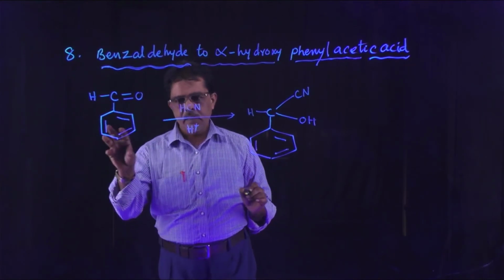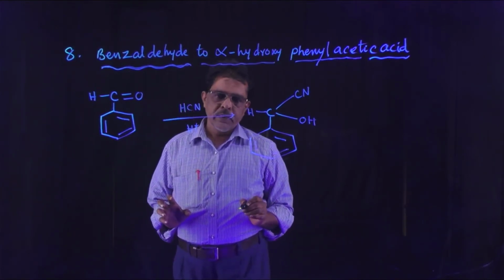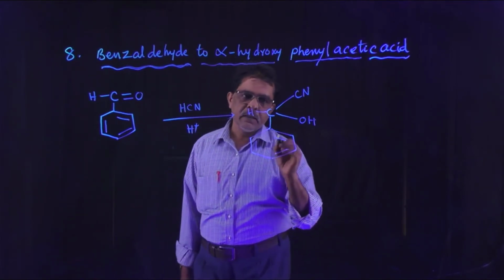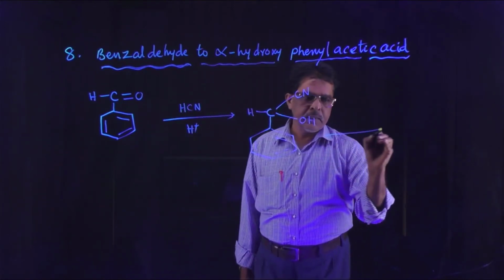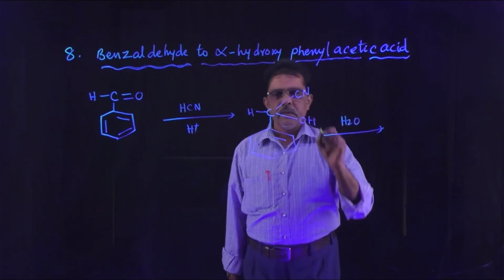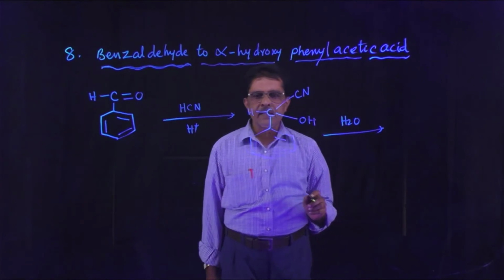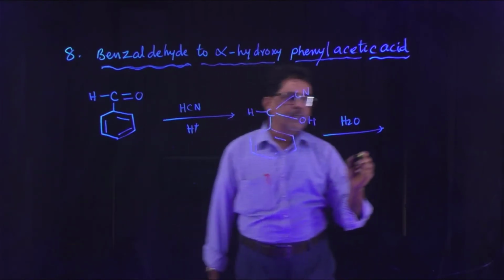This benzaldehyde reacts with HCN in the presence of acid. Then you will get a cyanohydrin. This cyanohydrin is subjected to hydrolysis. In a cyanohydrin, the cyanide group on hydrolysis gives a carboxylic acid.